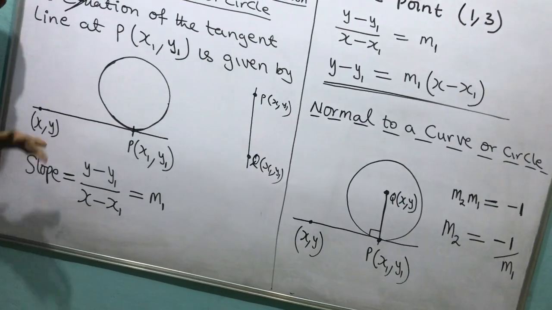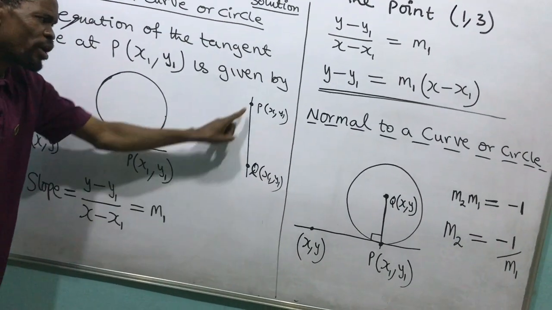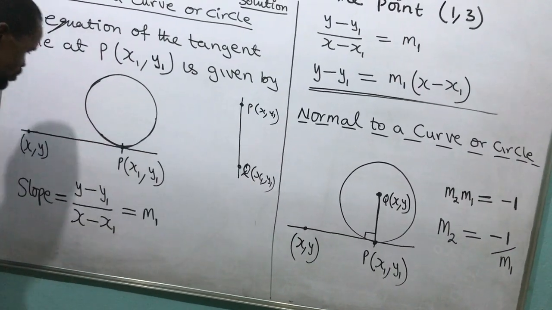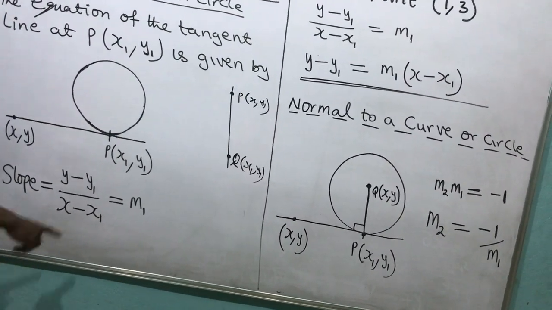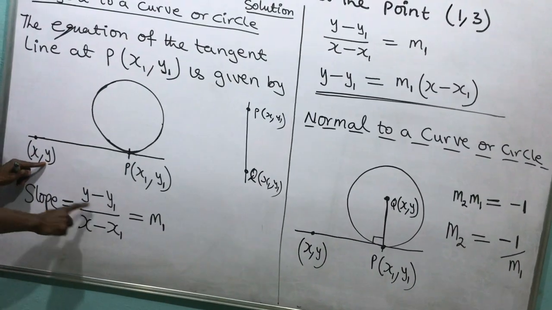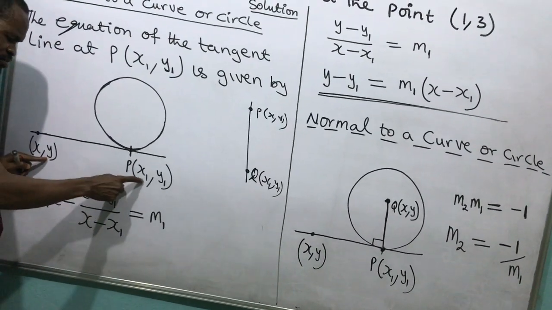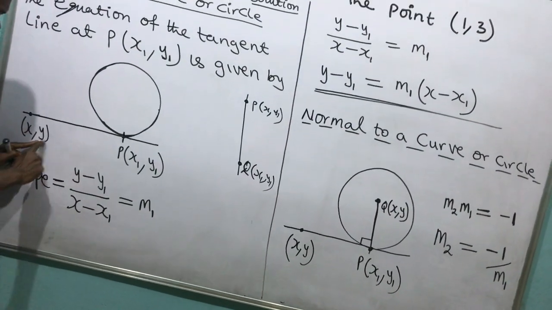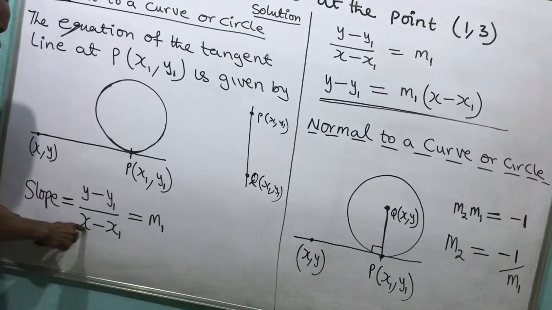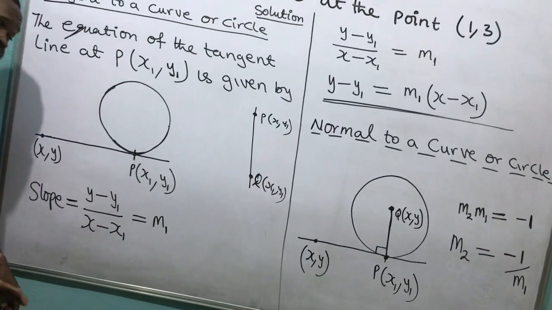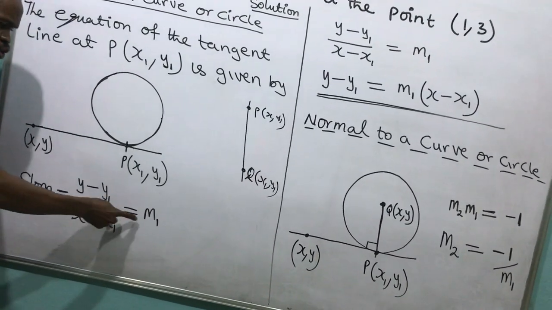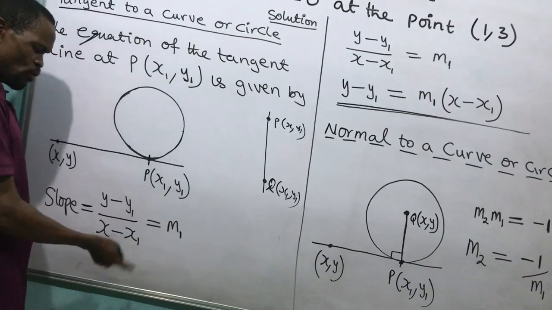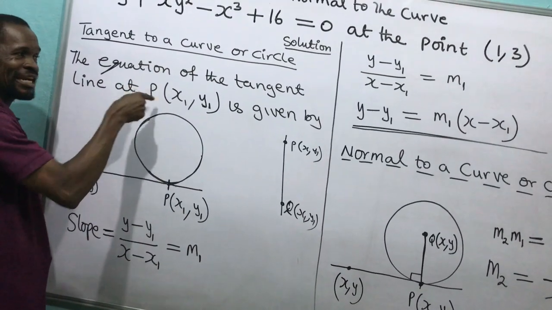Then this line has a slope. For me to draw a line through 2 points on a Cartesian graph, I must have a slope. Then what is slope? Slope is (y - y1) over (x - x1). That's the slope from our origin, equal to m1. m1 represents the slope of the tangent line.